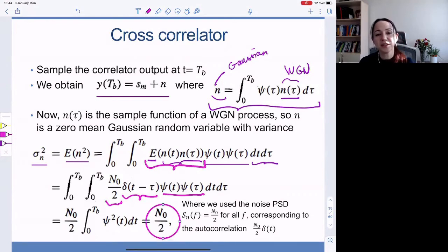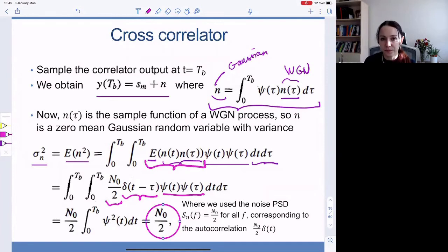I mean, this is one thing that is neat about all of these definitions, such that it brought to us a white Gaussian noise process with power spectral density N0 over 2 in the form of a scalar Gaussian noise, an additive Gaussian noise component of variance N0 over 2 at the end of our cross correlator.